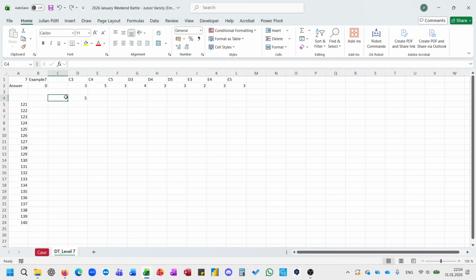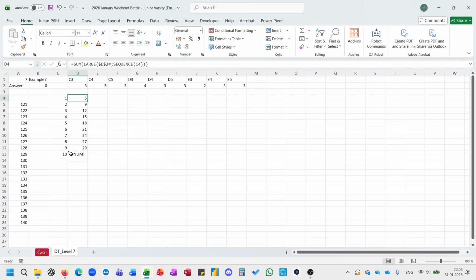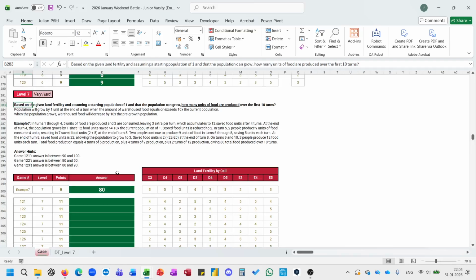One equal sequence. Ref error, of course. I should fix that reference. Num error. Yeah, of course. Because we have that, this is interesting.